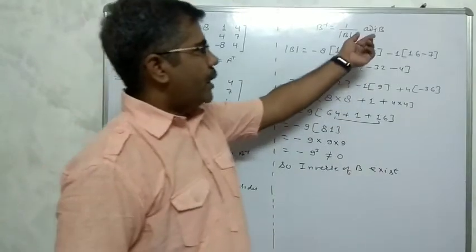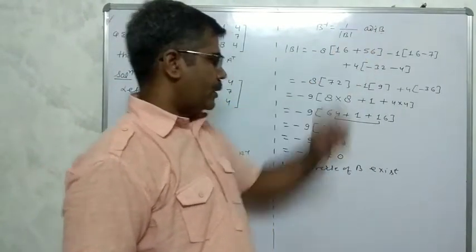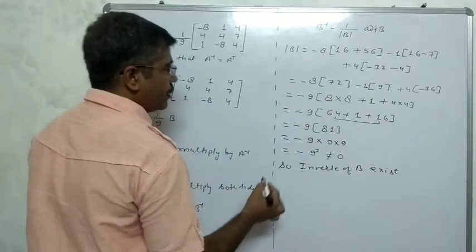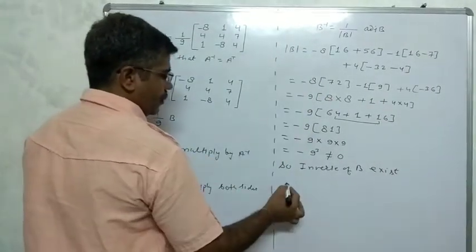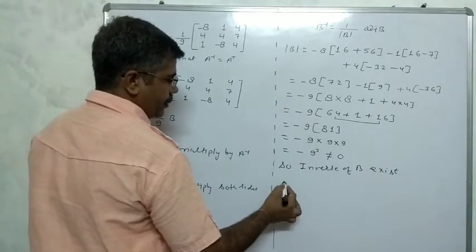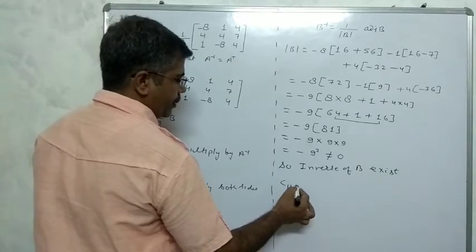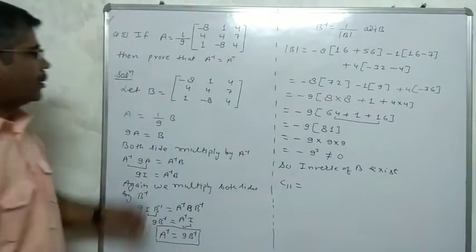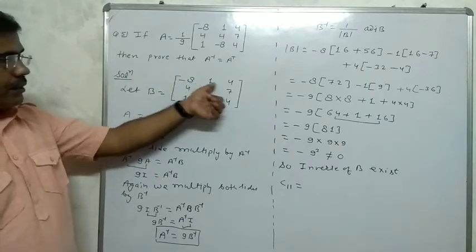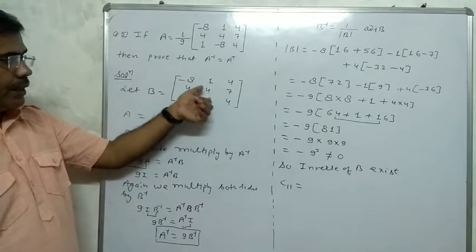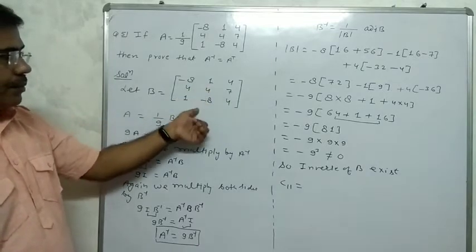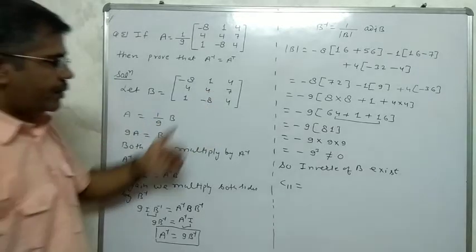Next we find adjoint of B. We first find cofactors of B. C11, we delete this column and this row. We have 16 plus 56, 72.